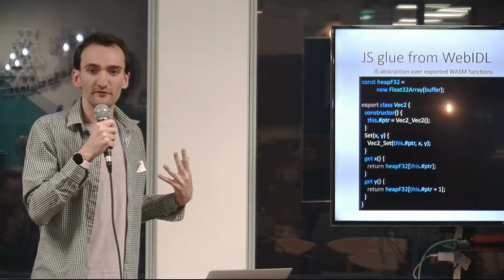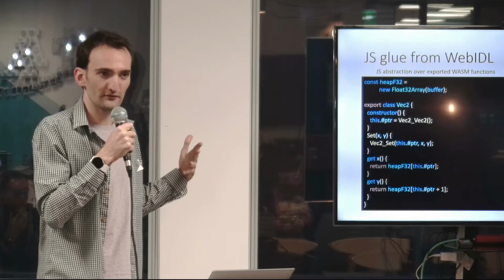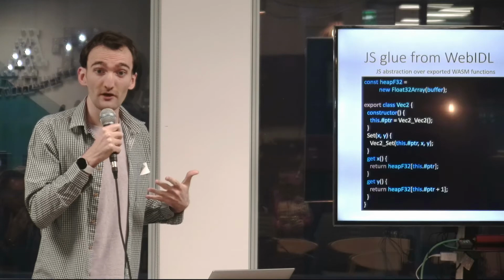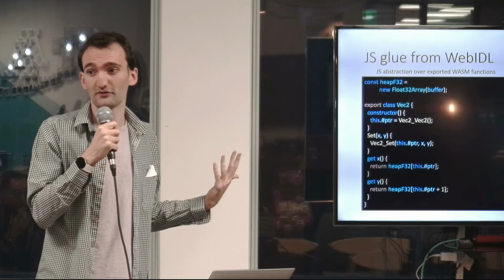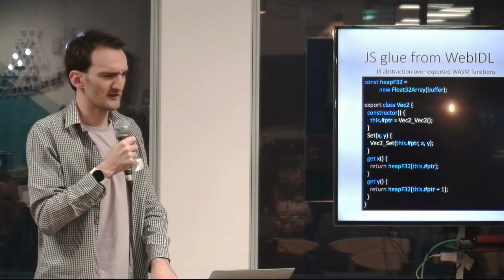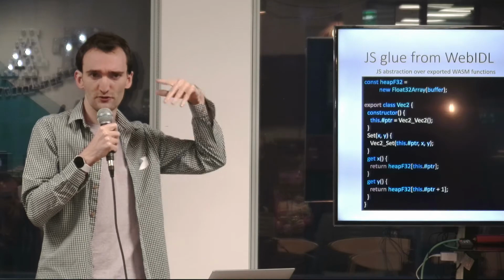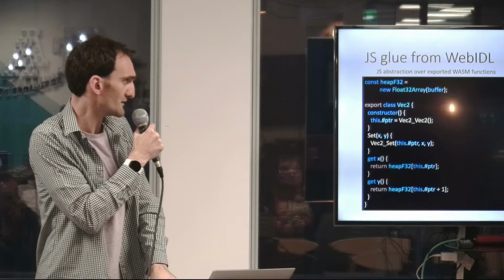So that would be the very fastest way to provide attribute getters in JavaScript, just direct heap lookup. But you could also make Emscripten actually generate functions for these. And I think it doesn't make a difference at the end of the day. The JIT will inline them across language boundaries, so you'll get the same result either way.